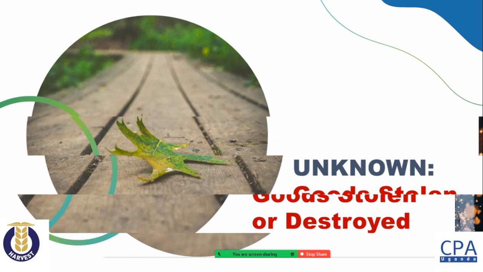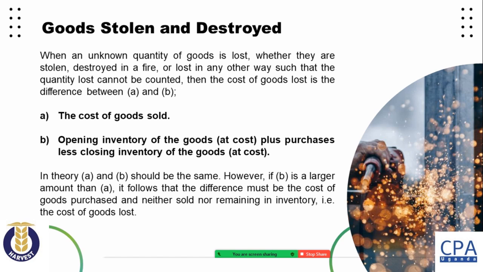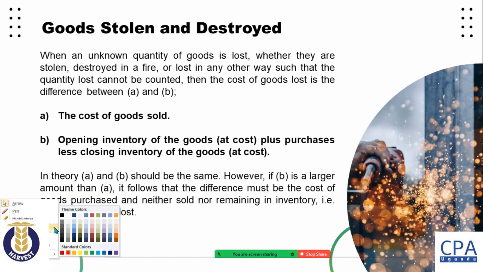Now, whether they are stolen, destroyed in a fire, or lost in any way such that the quantity lost cannot be counted, then the cost of goods lost is going to be computed as below.